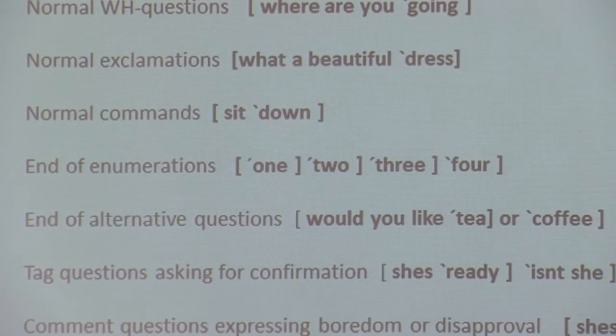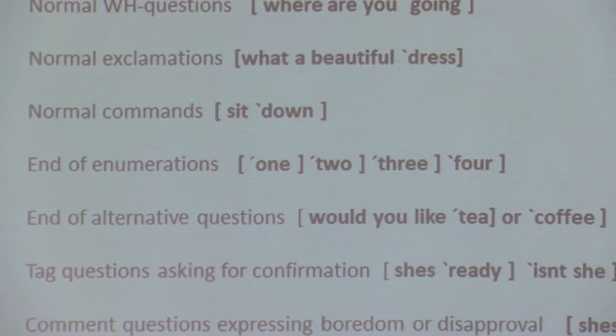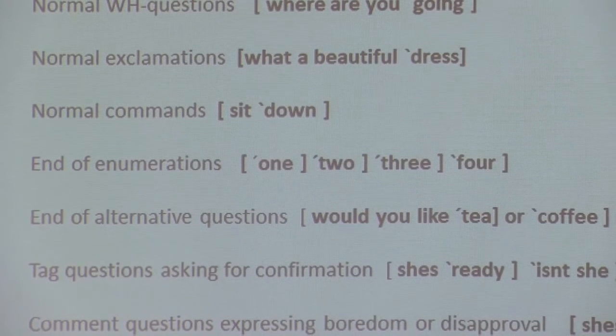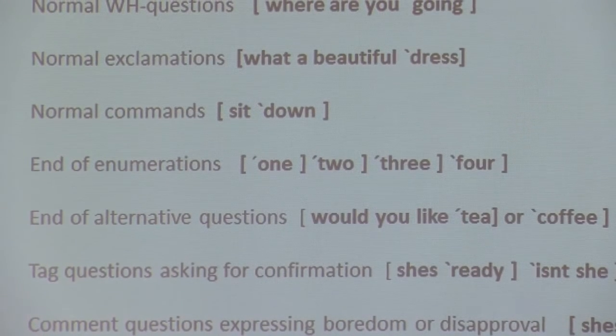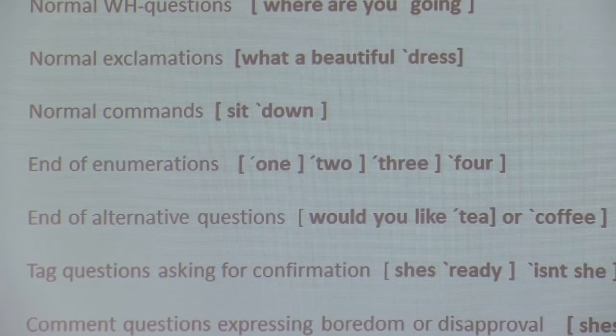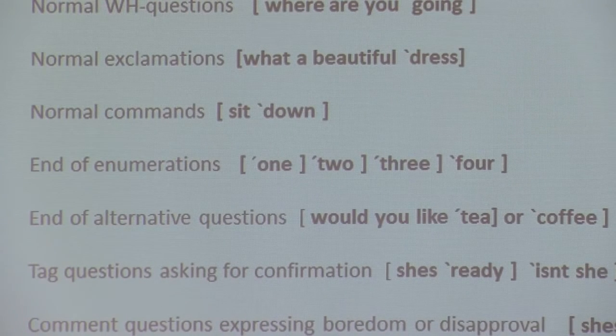And also, falling tones are used at the end of enumerations. For example, when we count. If you listen carefully, you can hear that we go up and then finally we go down. So at the end of enumerations, we go down in our pitch. 1, 2, 3, 4.